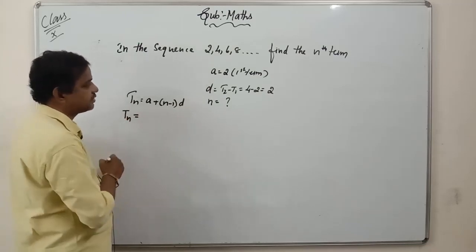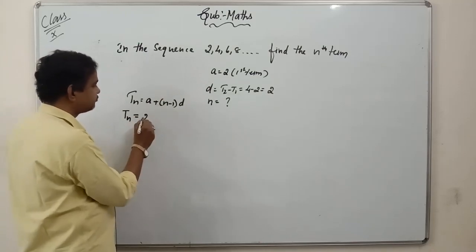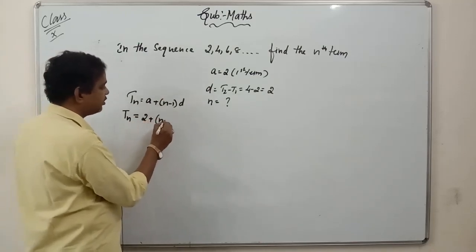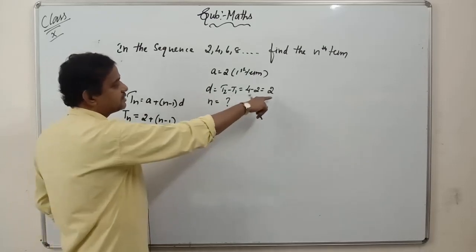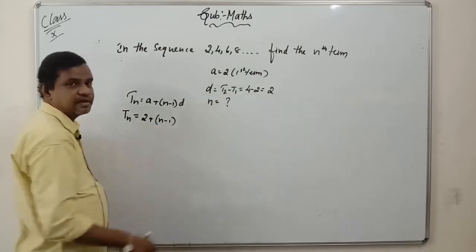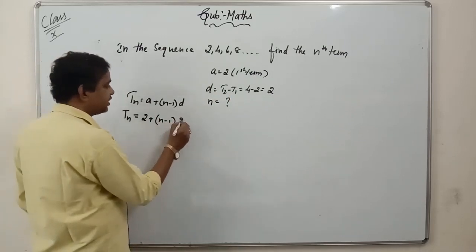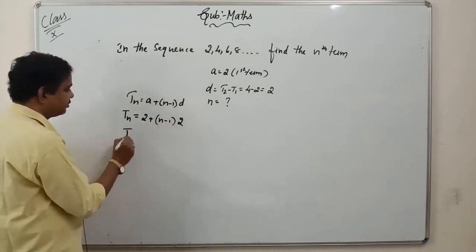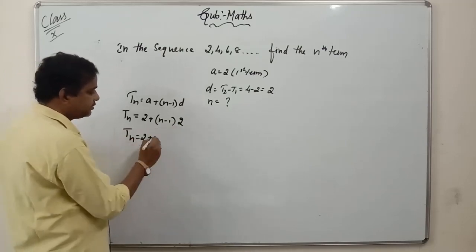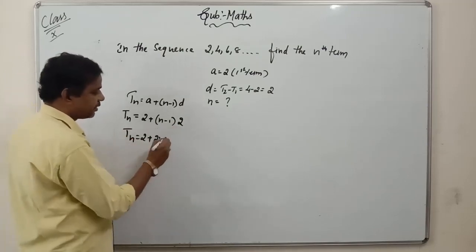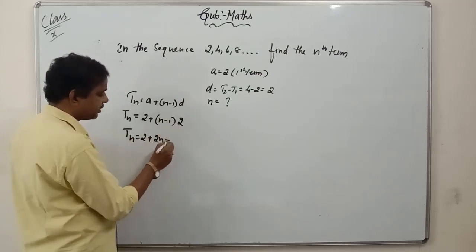This equals, what is the first term? First term is 2 plus n minus 1. What is d? The value of d is 2. Why? Because T2 minus T1 is 2. Now Tn equals 2 plus 2 into n, 2n, plus 2 into minus 1, minus 2.